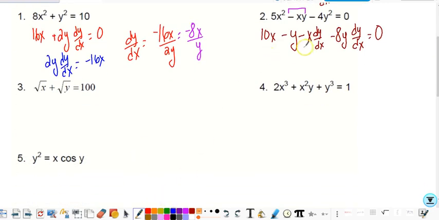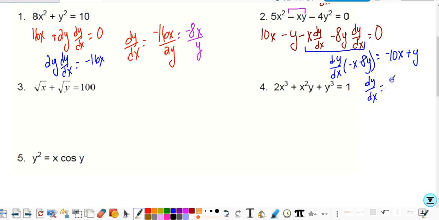And since both of these terms have a dy dx, I'm going to leave them on the left side. I'm going to subtract the 10x to the right. I'm going to add the y to the right. And as I do that now on the left, I'm going to factor out dy dx, since both terms have that dy dx.